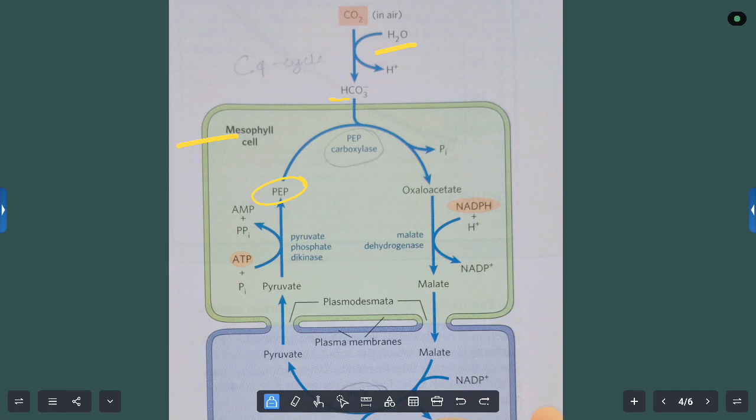Phosphoenol pyruvate is a substrate which accepts this bicarbonate to make a 4-carbon acid, that is oxaloacetate. You see, this is phosphoenol pyruvate.